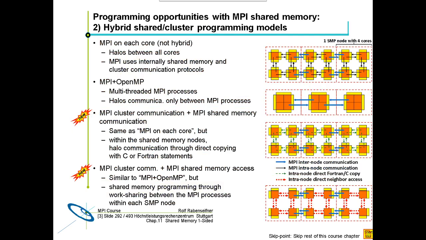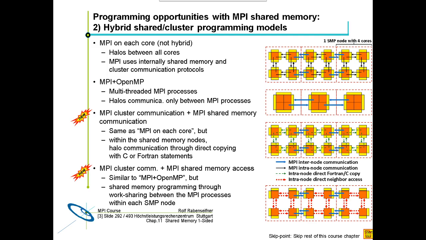And in general, the benefit is also to apply this as a hybrid way of implementing shared and distributed memory programming models, which in general we can do in 4 ways.